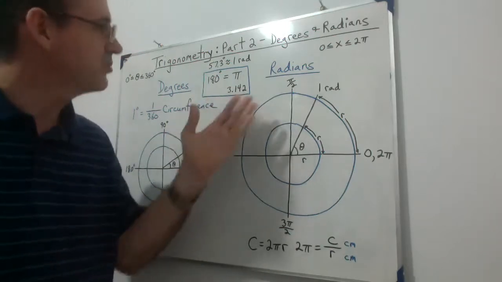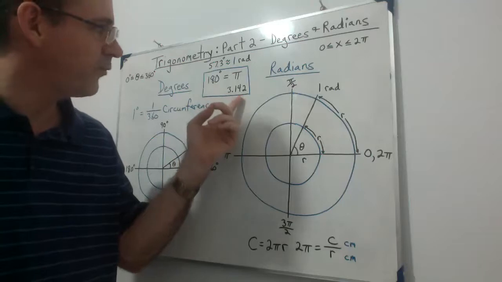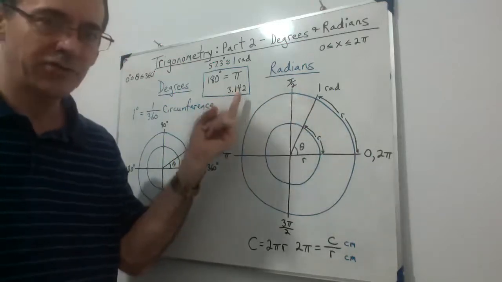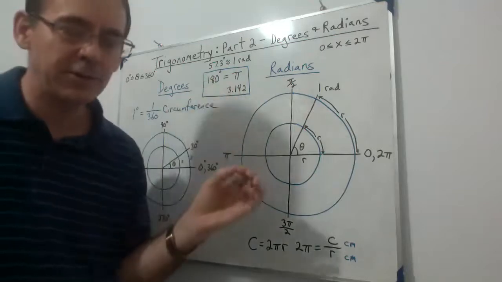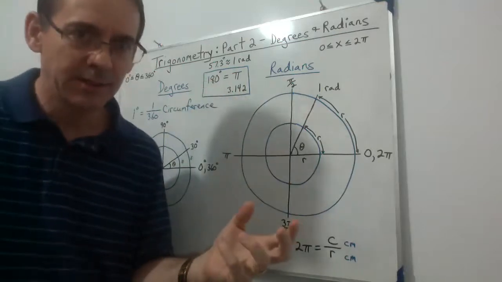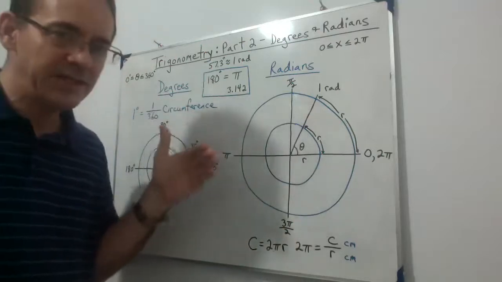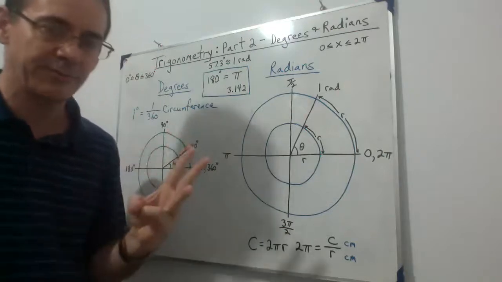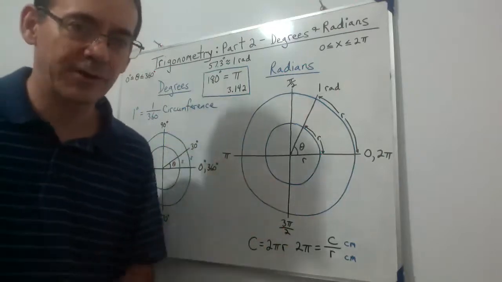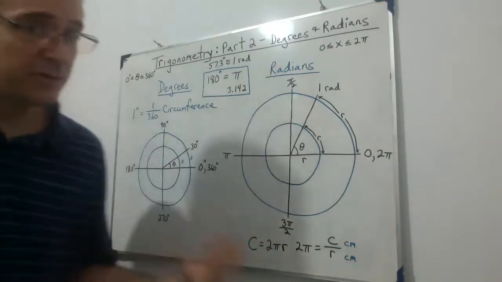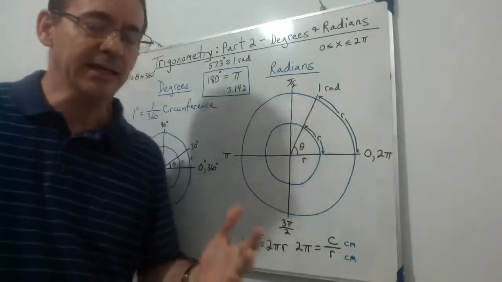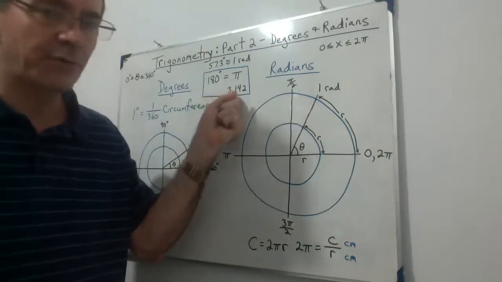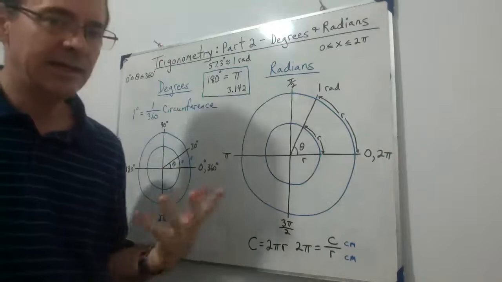So I think the actual value is like 3.1415 something. And so the 5 rounds up the 1 to a 2. So that 4th value is rounded, but it will guarantee that when you get to your final answer that your 3 significant figures are accurate enough for the Cambridge curriculum. Now, if you use the 22/7, again, it's slightly off. It rounds to 3.143. So again, it is close.